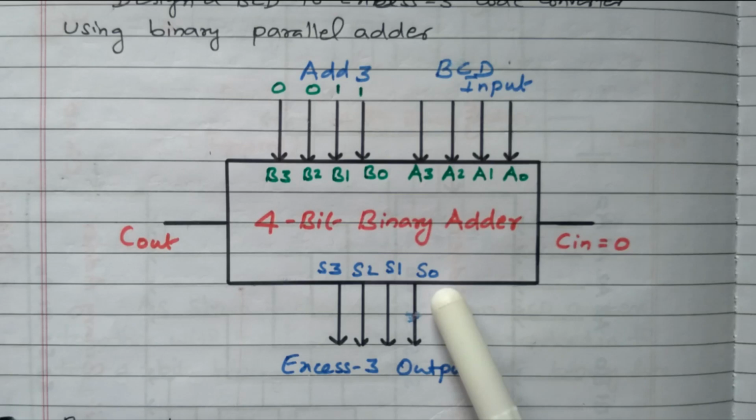Right. So that is nothing but S0, S1, S2 and S3. So in this video, how to convert BCD to XS3 code converter using the 4-bit binary adder. In this, one input is BCD, another input is 3. So while adding the binary BCD with 3, we got the XS3 output.